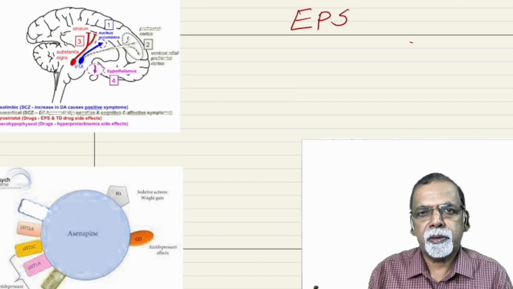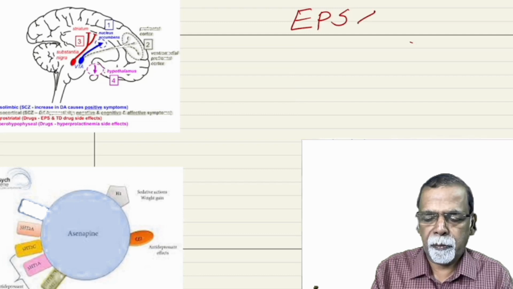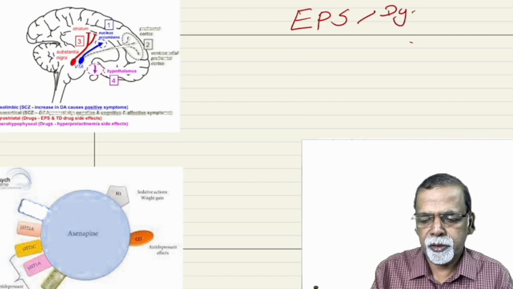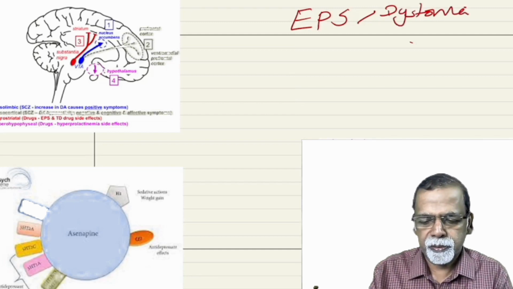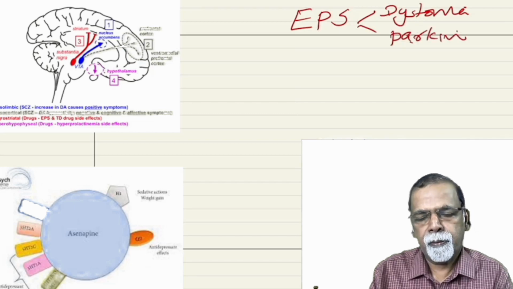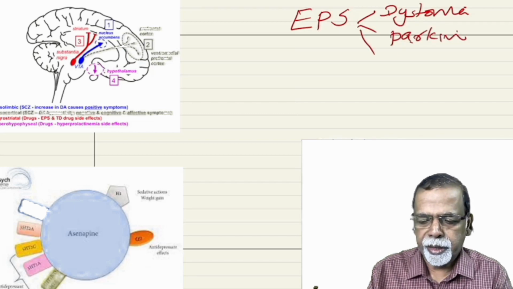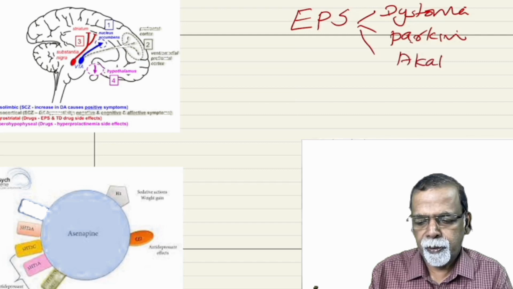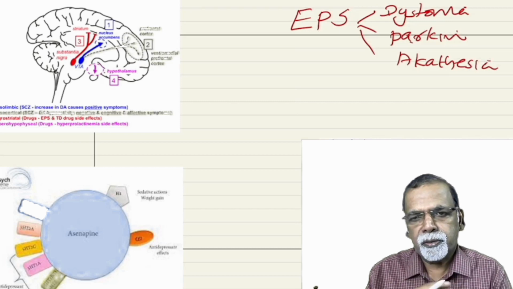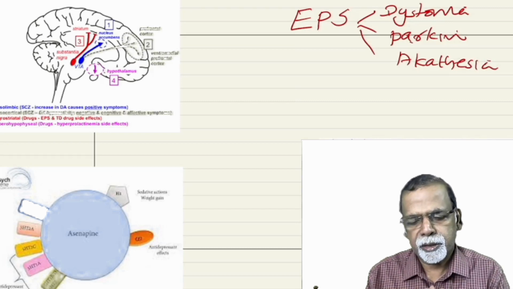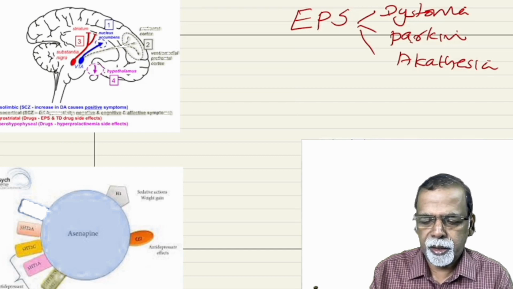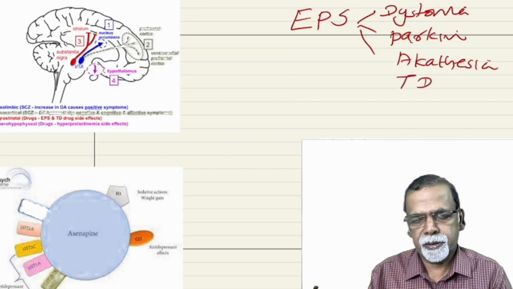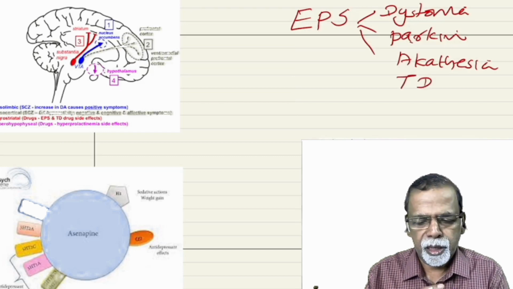The extrapyramidal syndromes vary from acute dystonia, including oculogyric crisis, Parkinsonian features, akathisia, that is, a feeling of physical and mental restlessness, and tardive dyskinesias. This will be discussed in detail at a later time.